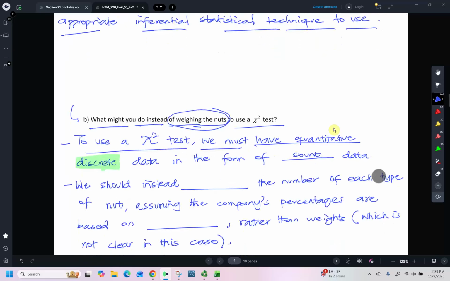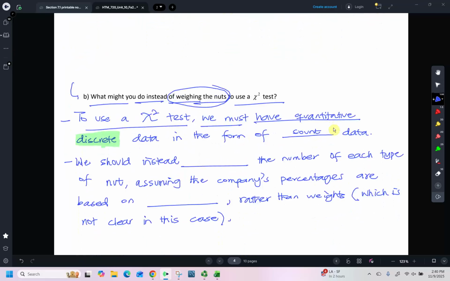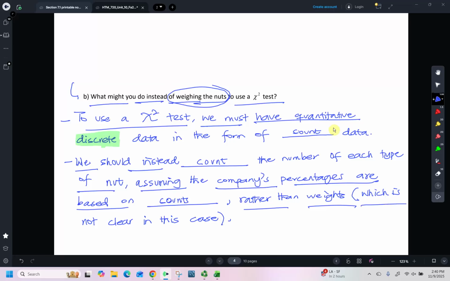This was emphasized at the beginning of this video. So we should instead count the number of each type of nut while assuming that the company's percentages are based on counts rather than weights. And that, unfortunately, is not clear in this case.